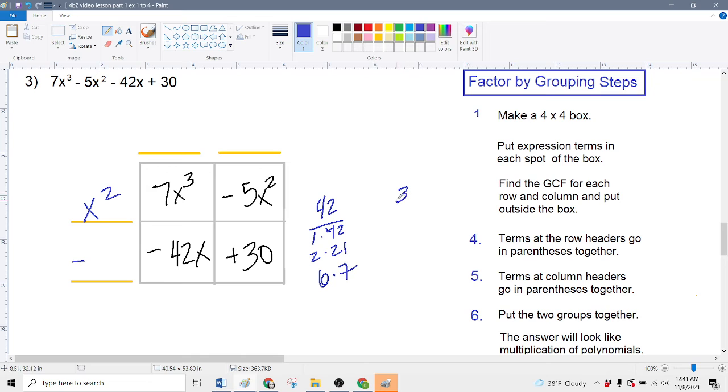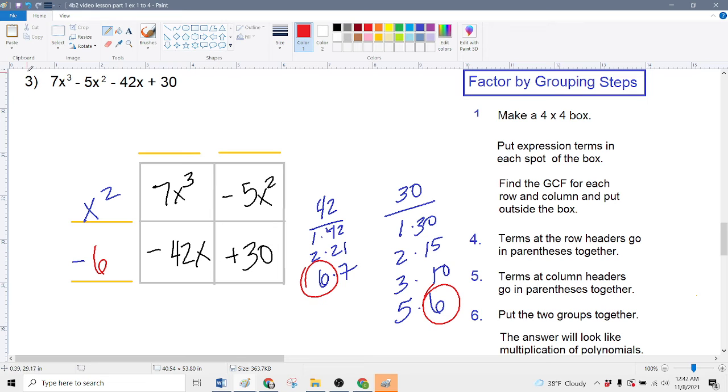For 30, we've got 1 and 30, 2 and 15, 3 and 10, 5 and 6. So comparing the lists of factors, the biggest factor that 42 and 30 have in common is 6, okay?